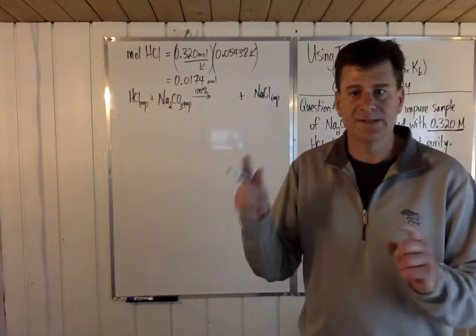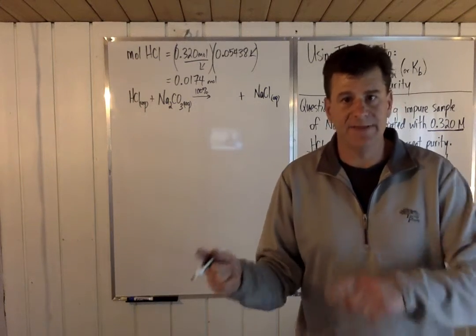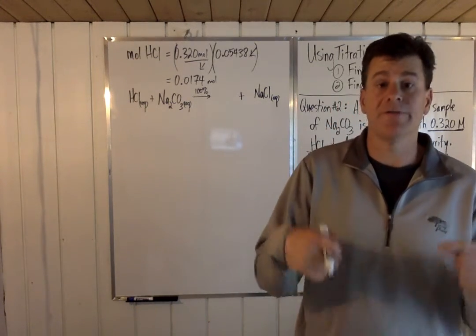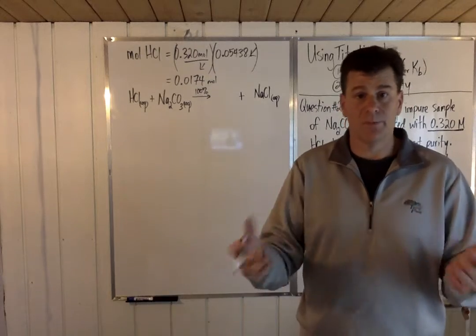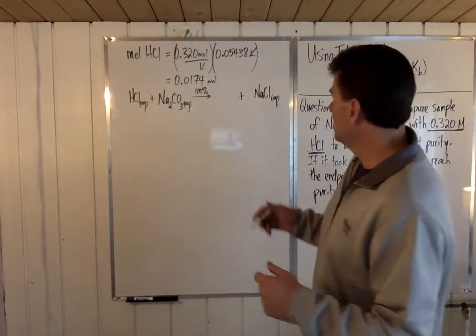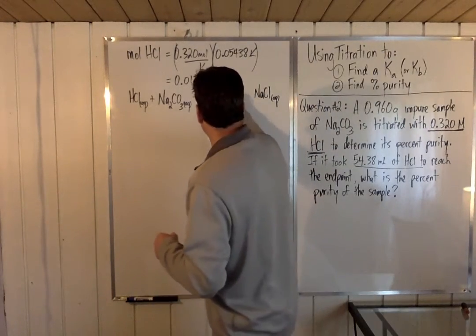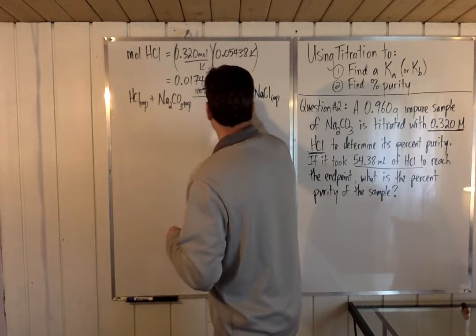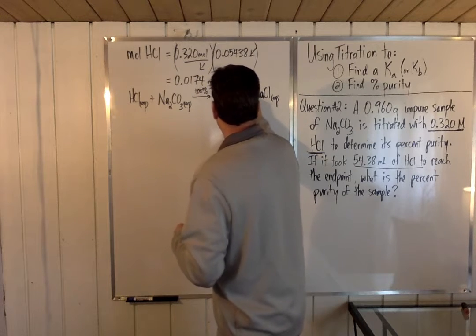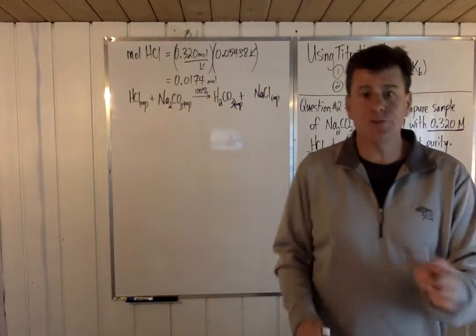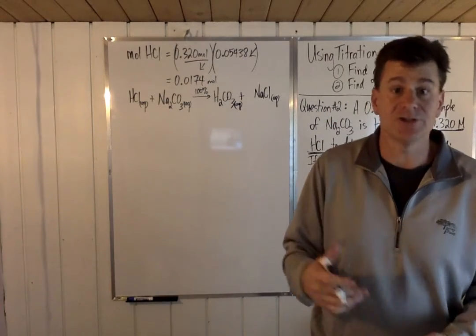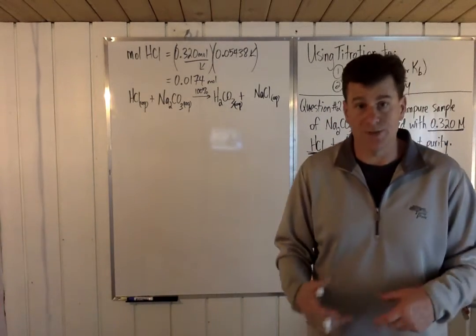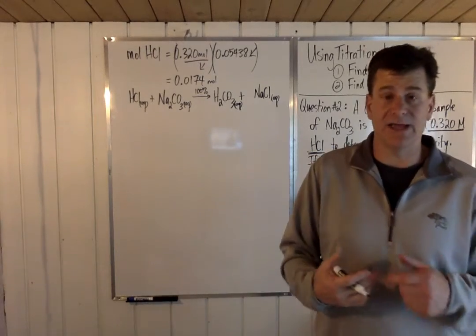And then that means the H from the HCl and the CO3 negative 2 are going to form the product, or one of the products. And so that will form H2CO3. And it's H2CO3 because CO3 has a charge of negative 2, and therefore it's going to take two H's to go on to that negative 2.